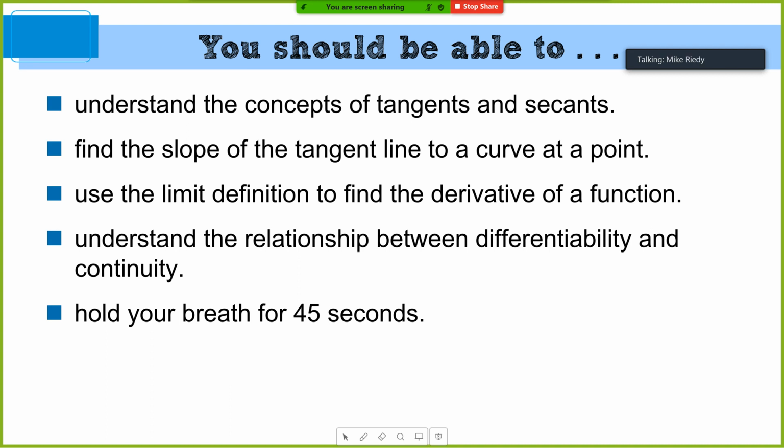Is anybody actually holding their breath? Good. 20 seconds. Ten seconds.